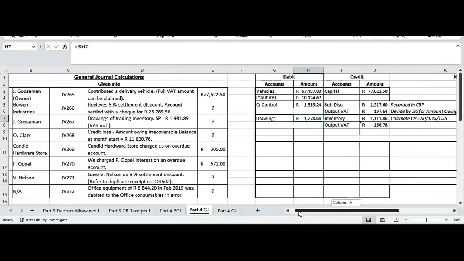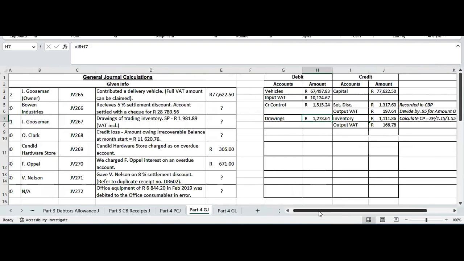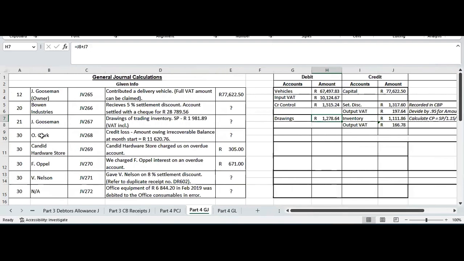Now we dealt with the third transaction. Let's look at the fourth transaction. It says O clerk, one of our debtors, but now there is a credit loss. The amount owing is irrecoverable, and the balance at the beginning of the month was 11,620.